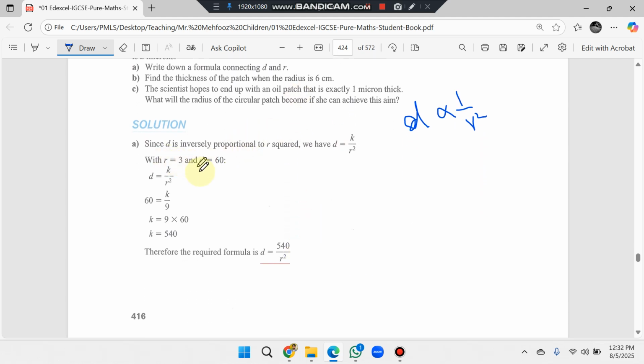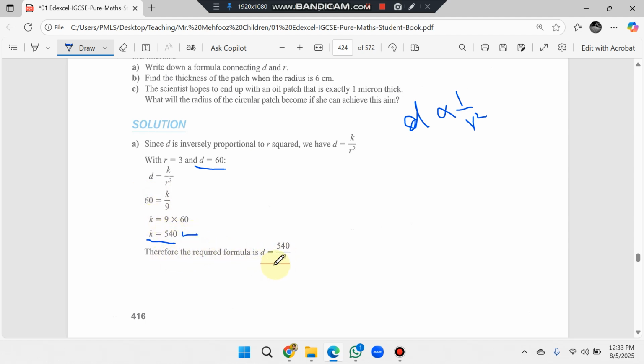Here r is 3 and d is 60, so 60 equals k over 9, because 3 squared is 9. Then 9 goes to the other side and multiplies by 60, so k's value is 540.